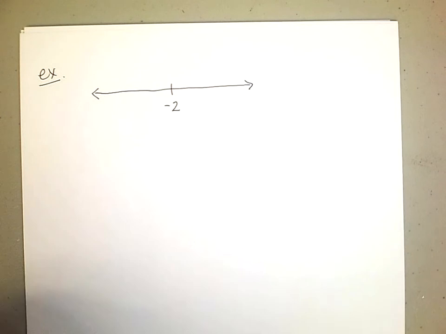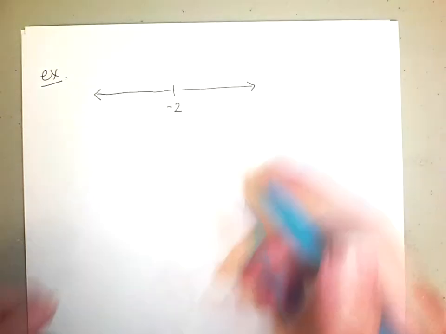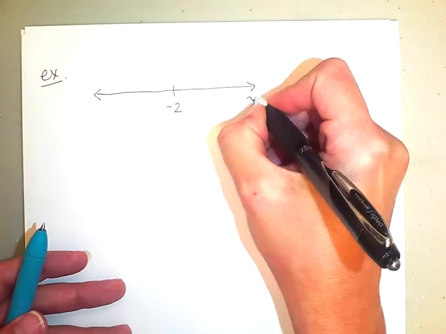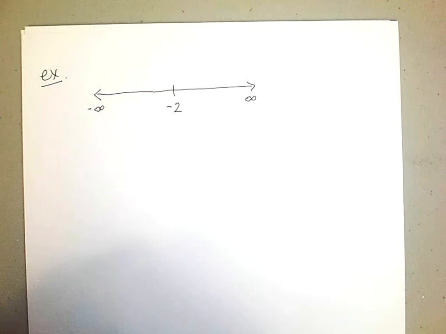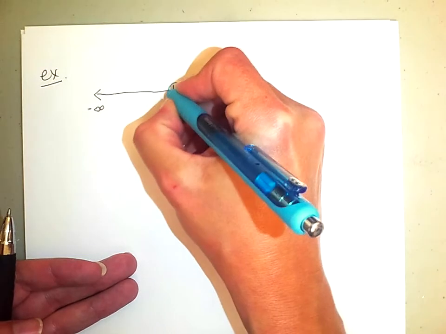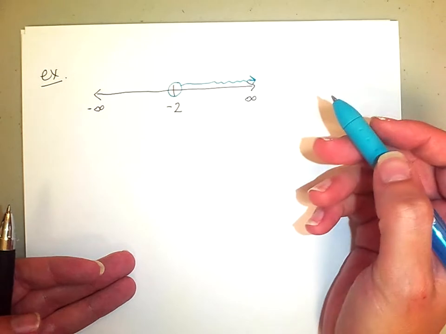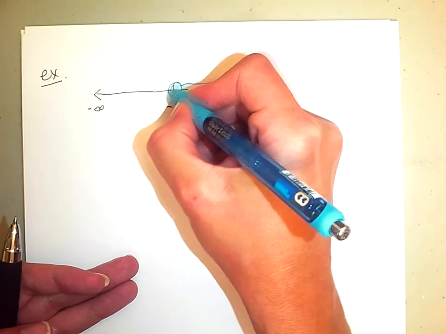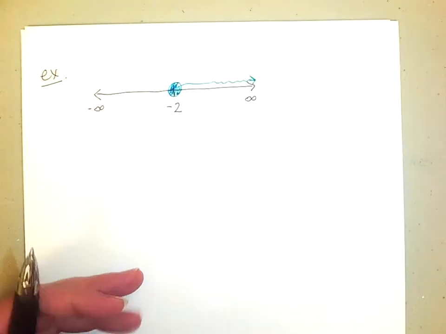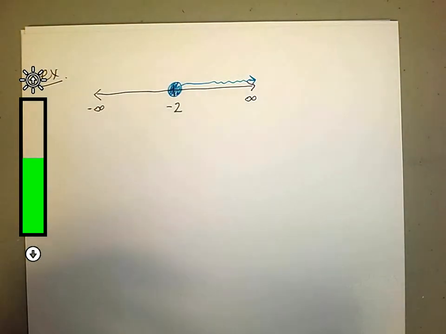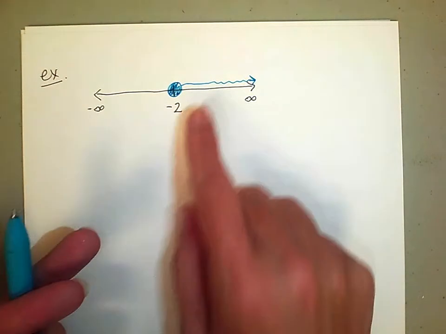If we want to look at all of the numbers that are greater than negative 2, remember on a number line, infinity goes this way, and numbers towards negative infinity go that way. So if I'm looking at all numbers greater than negative 2, it would be all of these sets of numbers. And in this case, I can include negative 2. So this is how we represent it on the number line.